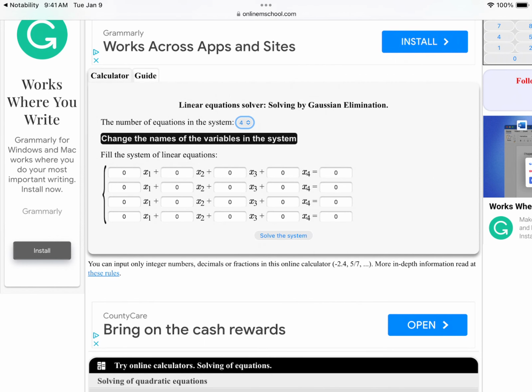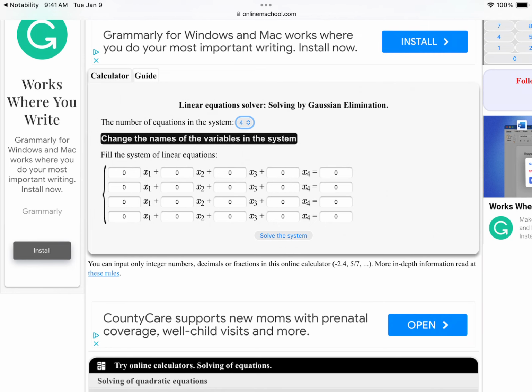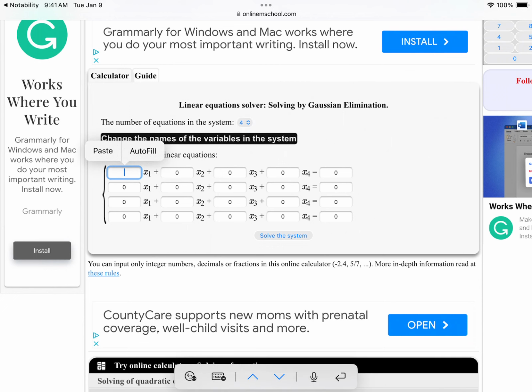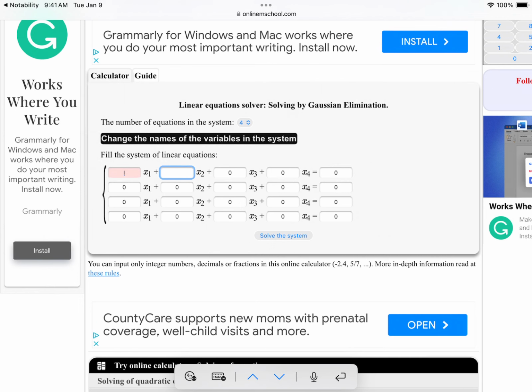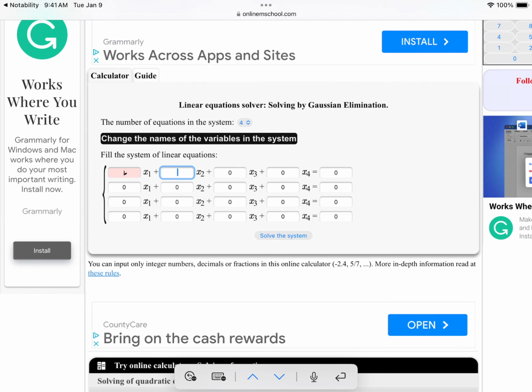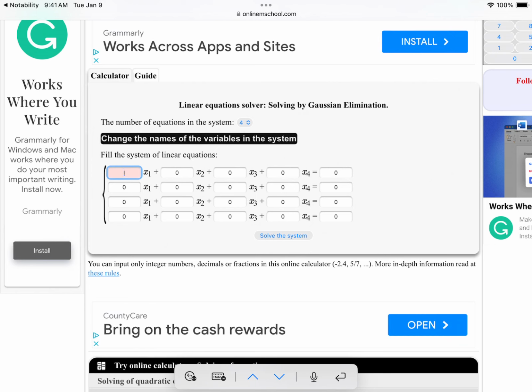Now they're going to use x1, x2, x3, x4, but that's okay. Just put the numbers in the same order as they're in the matrix. So we've got a 1 here. How am I supposed to type a 1? Did that work? I got a 1 here. Wait a minute, that's not a 1. That's an exclamation point. I want a 1. Is that a 1 or is that an I? Where's my keyboard?